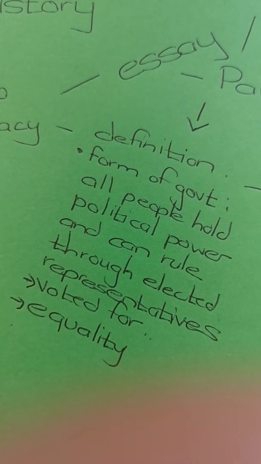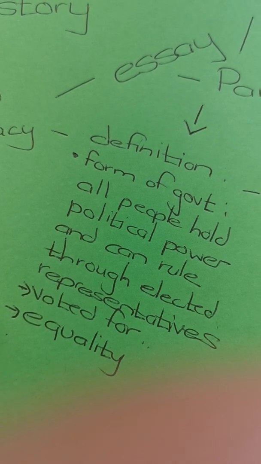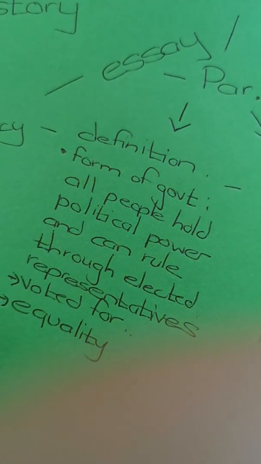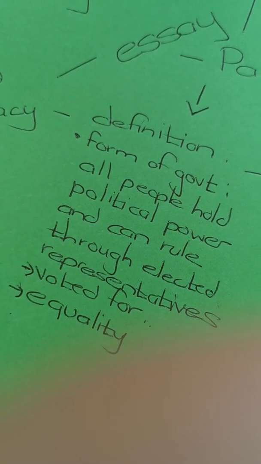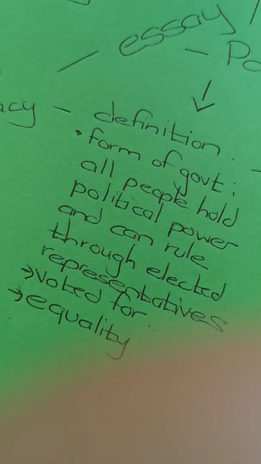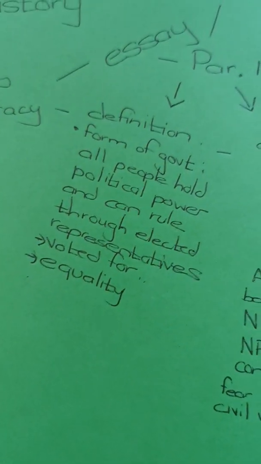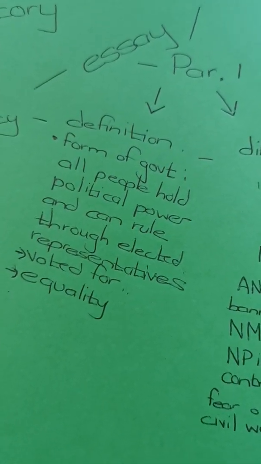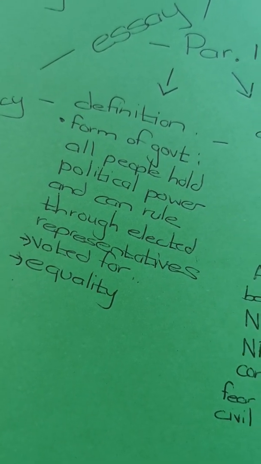They often hold the United States of America up as an example of democracy. Now remember though, that democracy is also informally known as for the people, by the people, of the people. So that's just a useful way to remember the work. Okay, so now we're ready to look at what do we include in the essay.